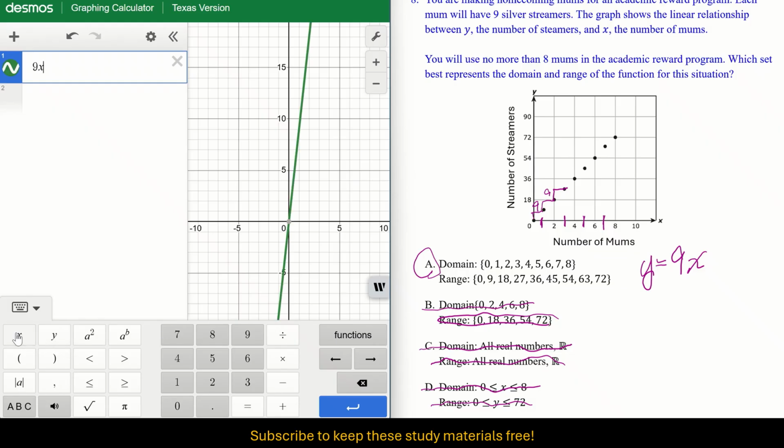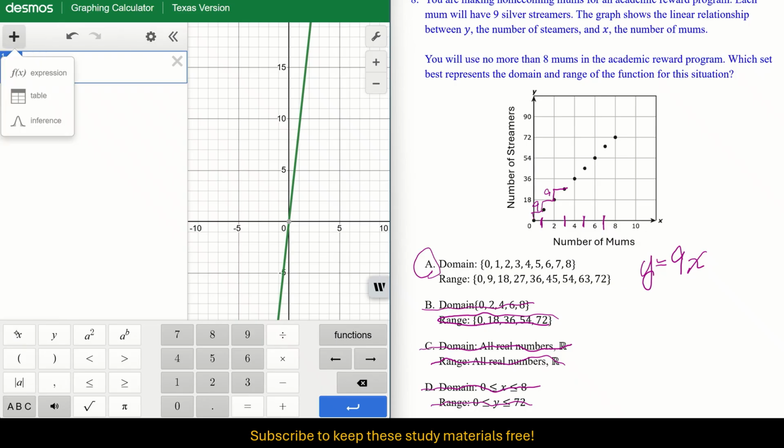However, that just gives us a line. We've just said that a line would be continuous, and we can't have that. That's not what our graph shows. So let's create what our graph shows. It isn't a big deal. There are a couple of ways we can do this.